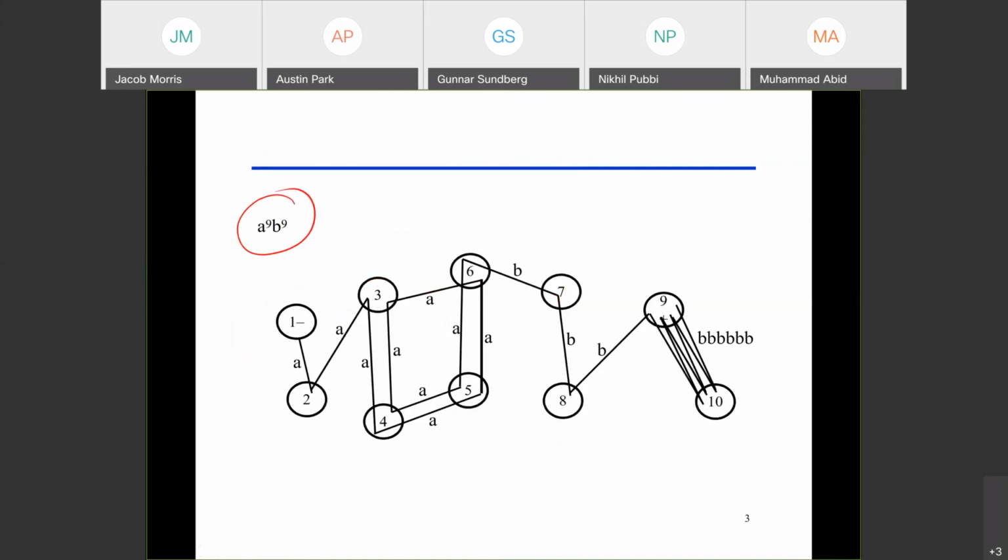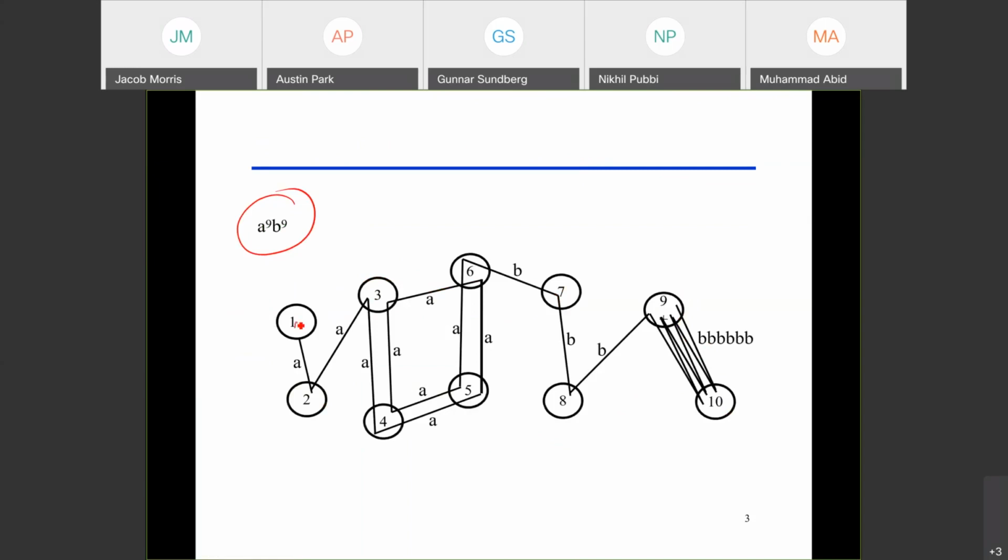So we have these 10 states. Out of 10 states, 9 states have label A, and then you have here label B, and you want to find a^9 b^9.